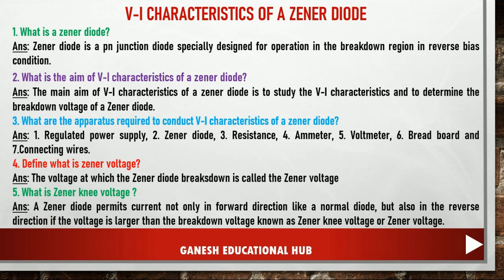It allows the current in reverse direction if the voltage is larger than the breakdown voltage, known as Zener knee voltage or Zener voltage.